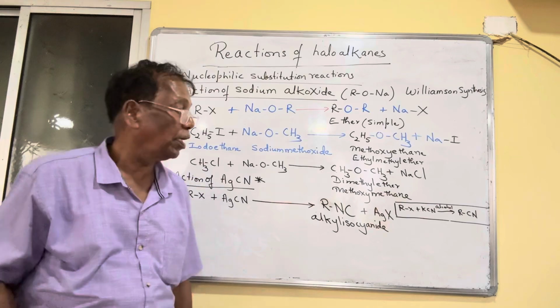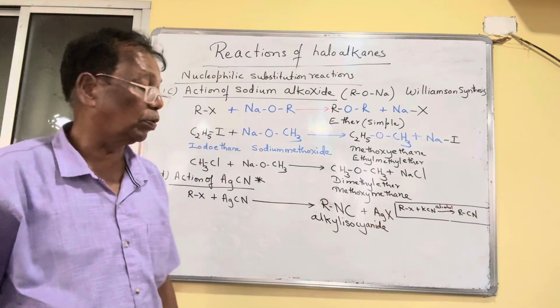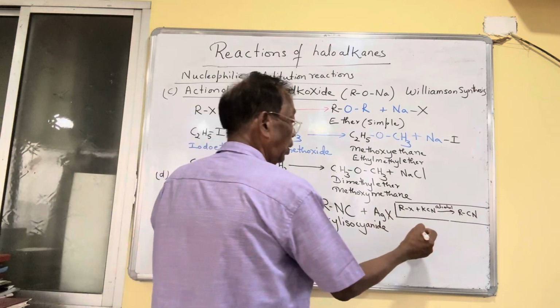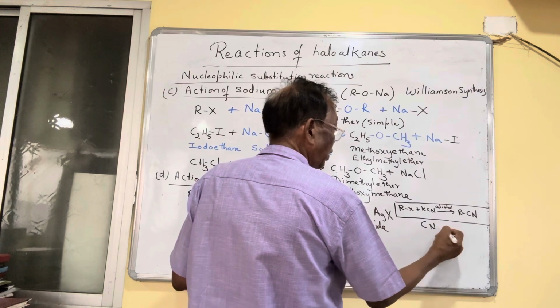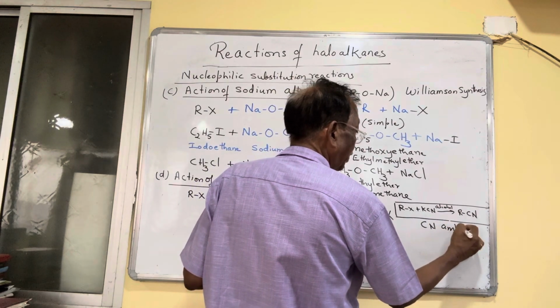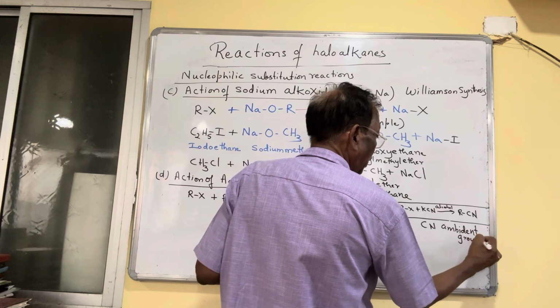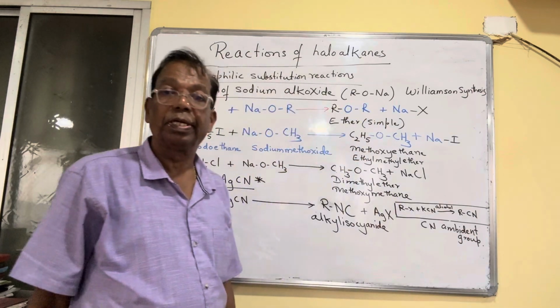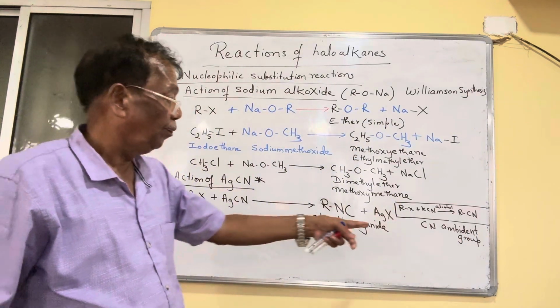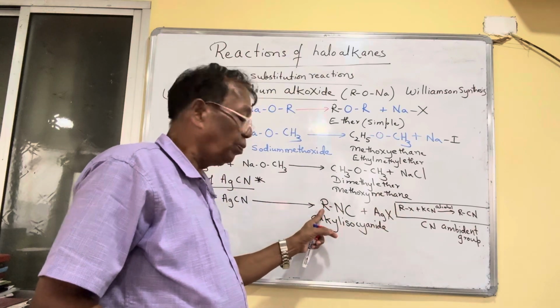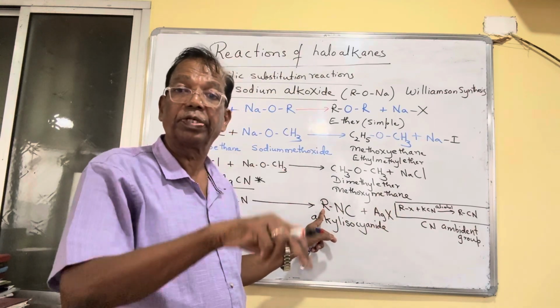Now that cyanide group is called an ambident group. Remember, cyanide is an ambident group. So in that ambident group, remember the linkage to the carbon, meaning the alkyl group, because the alkyl group also has carbon.